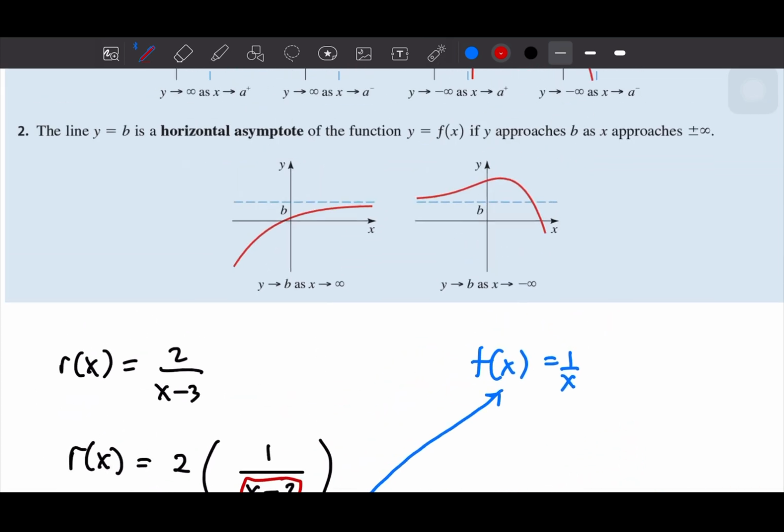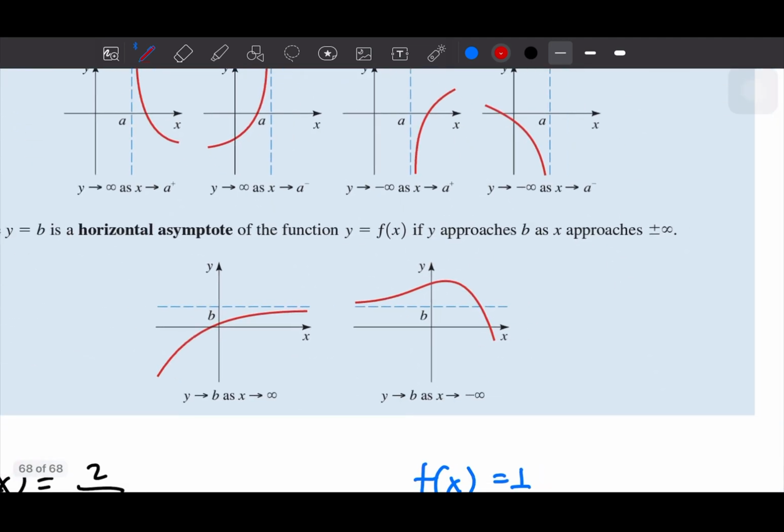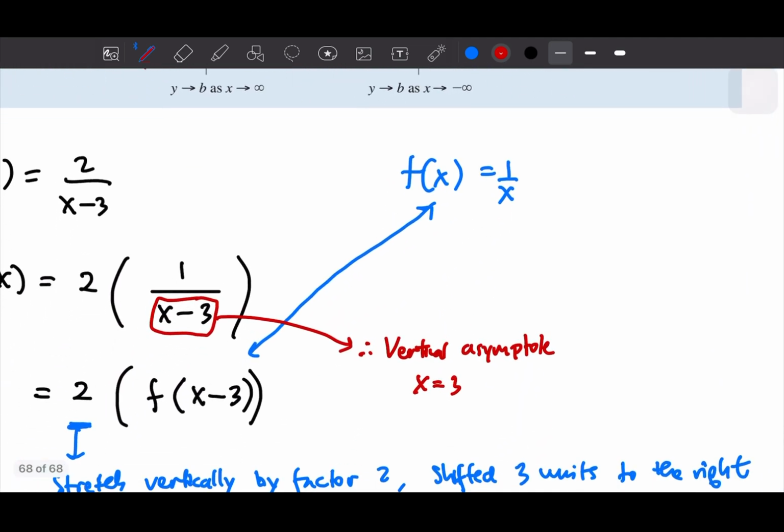This is pretty much the same concept as before. When x equals 3, the denominator will be equal to 0, which is undefined for the function, and we see that when 1 is divided by 0 or nearby 0, it goes to a very large number, and we say that it has an invisible line, the vertical asymptote.